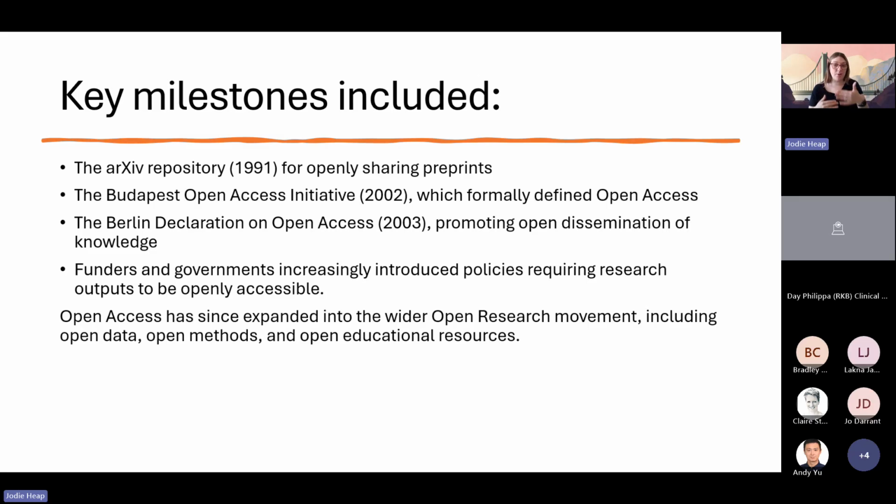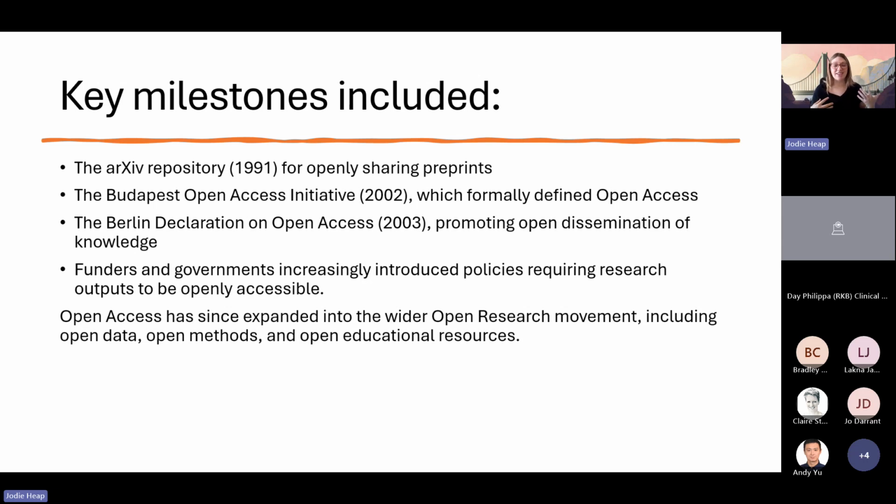This is starting to gather speed, particularly now in 2026, where we're looking at not just open access of the outputs of the results, but also an open research movement, which includes sharing things like the data, methods, and educational resources openly, so that at every stage of the research process we could consider sharing how we did our research.